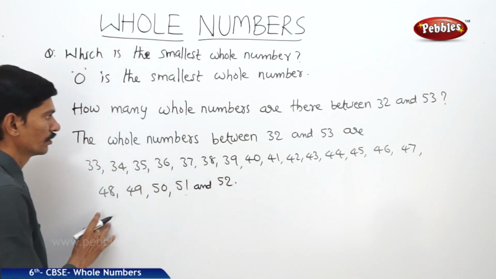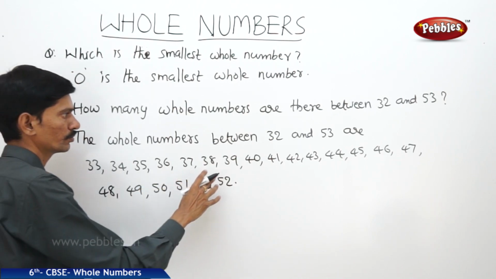So these are the whole numbers between 32 and 53.